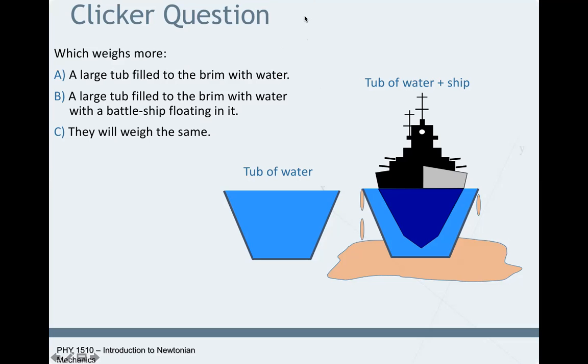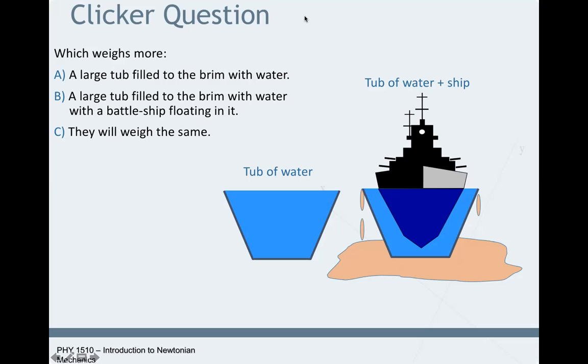That means that overall they have to have the same weight, because since the battleship doesn't touch the bottom, we know that the weight of the water displaced is equal to the weight of the battleship, right? So that water displaced would have been the water that's now on the floor. So that's how I got that they ended up being the same.